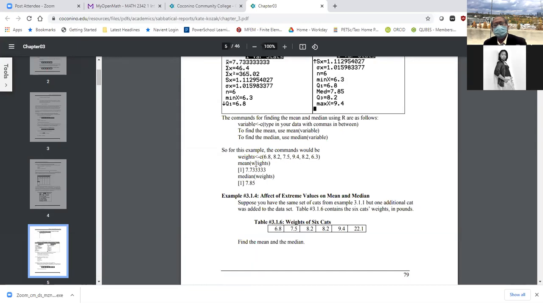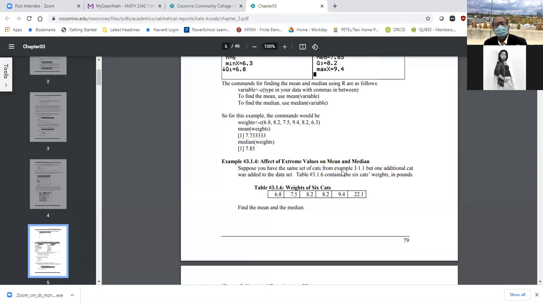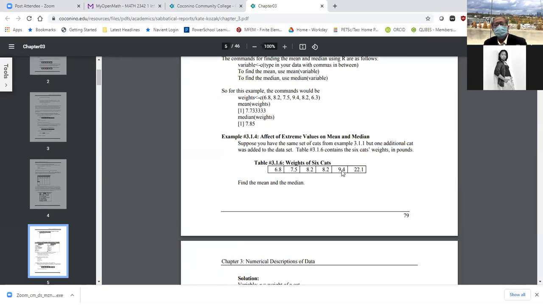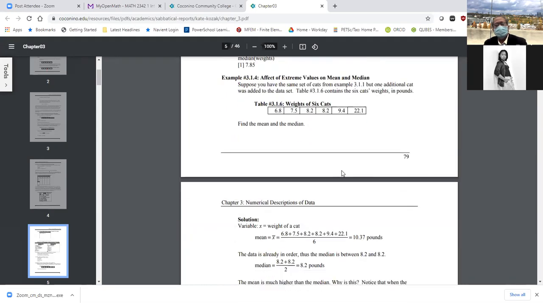Then using mean, put the data in the middle and it gives you the mean. And if you put median, it gives you the median. I will show you later using the Excel.